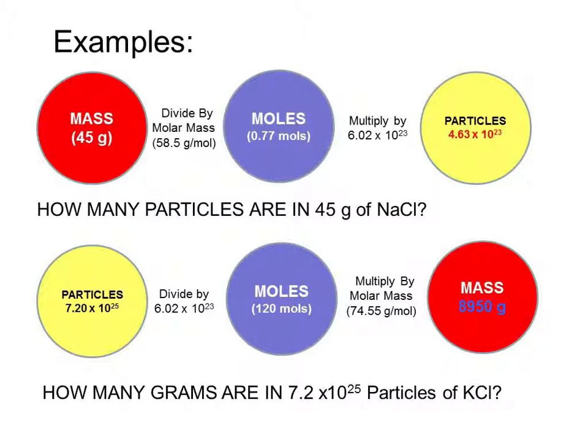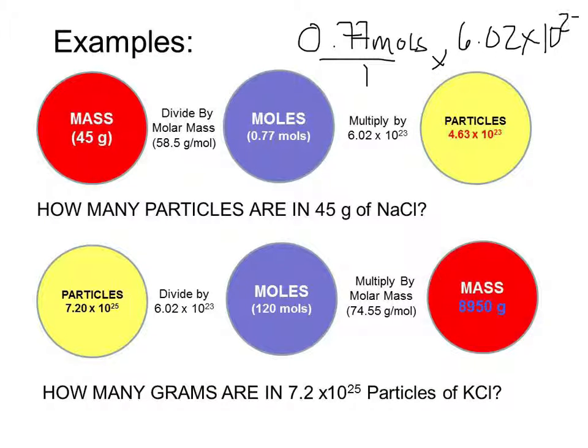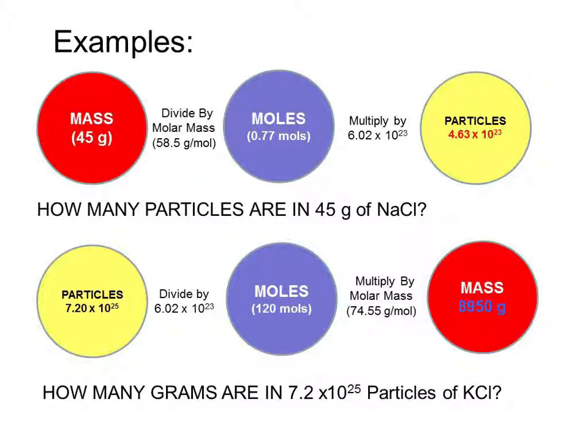If we wanted to write this out, it would be 0.77 moles over 1 times 6.02 times 10 to the 23rd particles over a mole. And then the moles cancel, and my units on the top are particles. So that's the conversion.